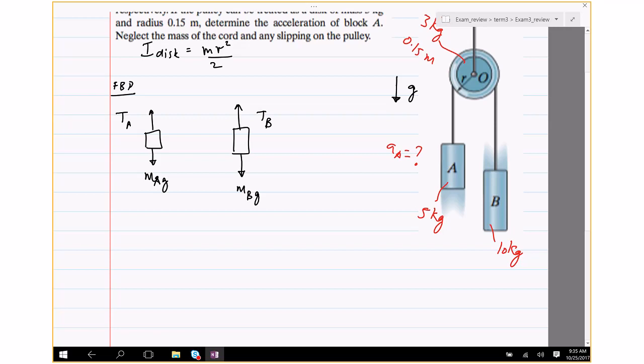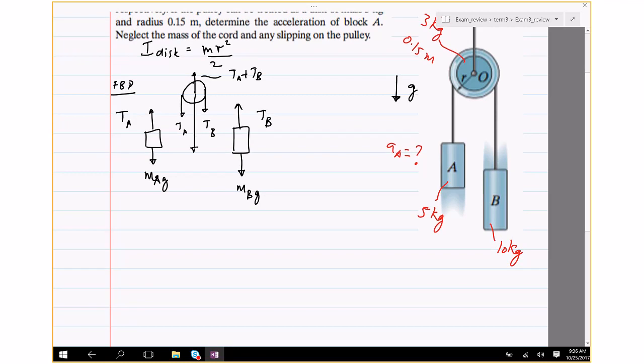And then you can of course draw a free body diagram of this. This is going to be TA plus TB. And of course there is mg.